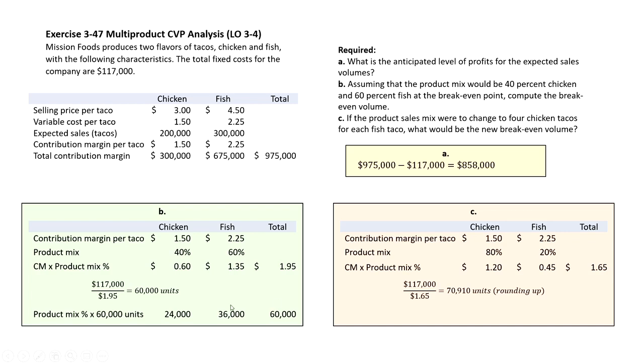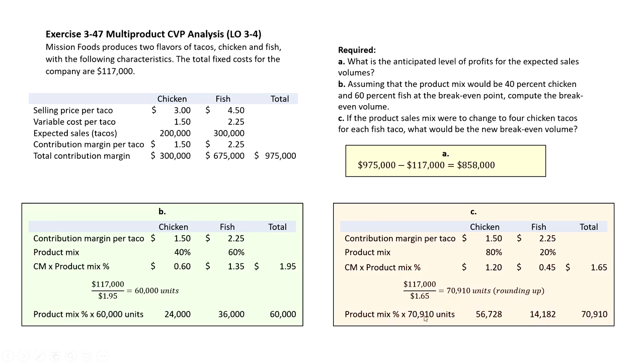Again, exact same process I used before. Fixed cost of $117,000 divided by the new weighted contribution margin of $1.65. You notice it's less, and I would expect that because chicken adds less to it. Now I have to sell 70,910 tacos. Again, expectation is it's more, and if chicken is a higher product mix, I'm going to have to sell more tacos overall.